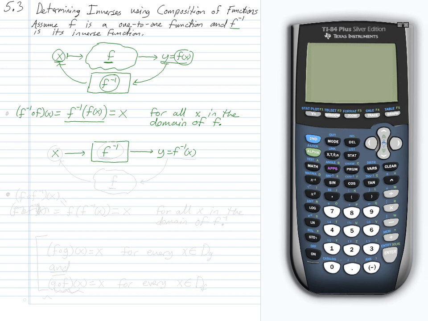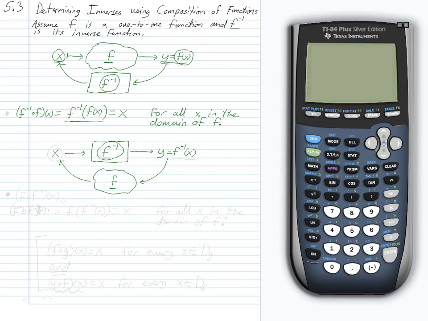Okay, now if we take that y value and plug that back into the function f, since f is f inverse's inverse, we should get back where we started. So again, we see this pattern of f undoing what f inverse did.